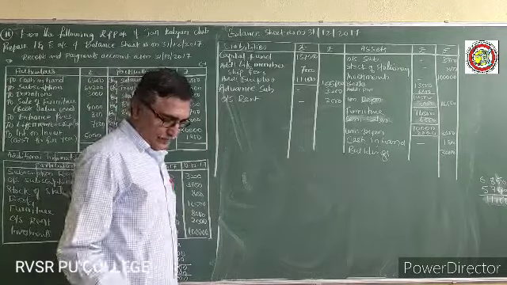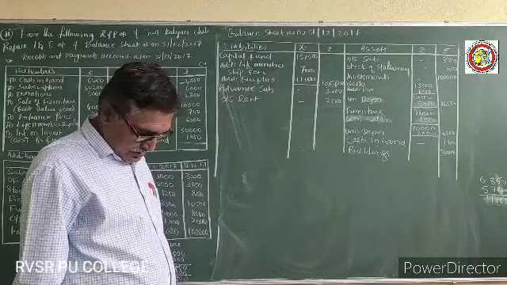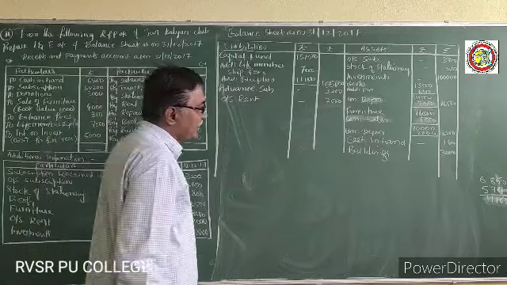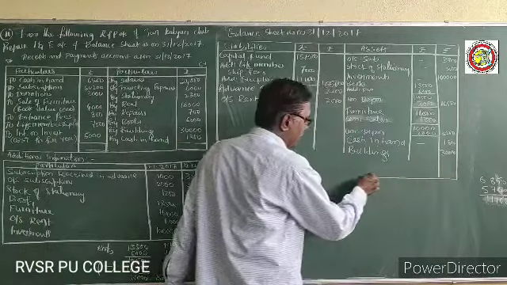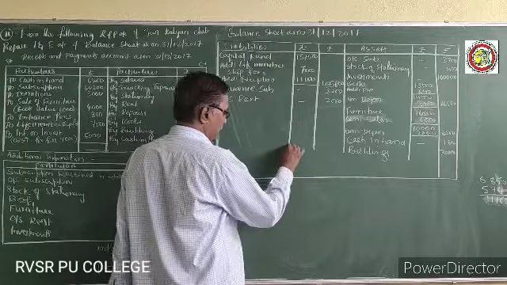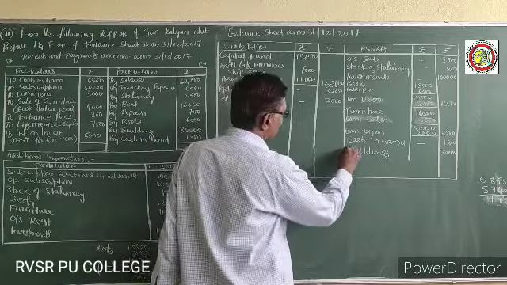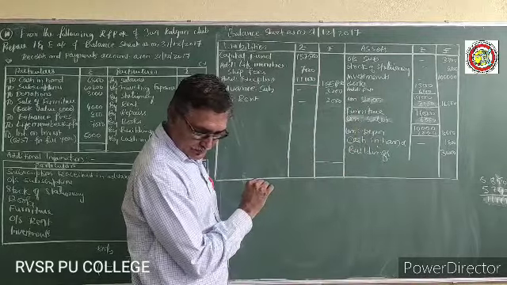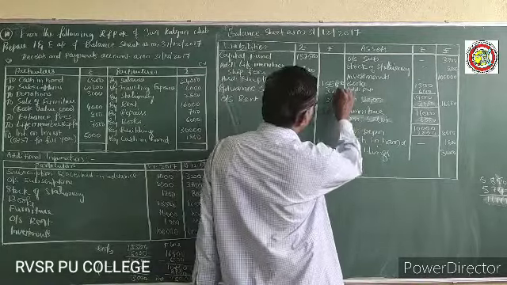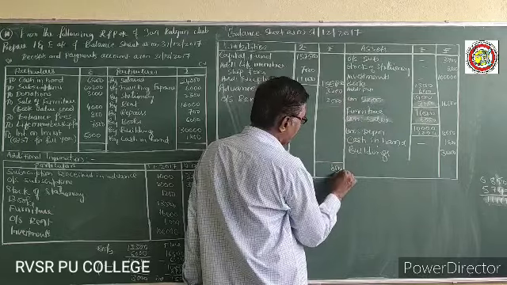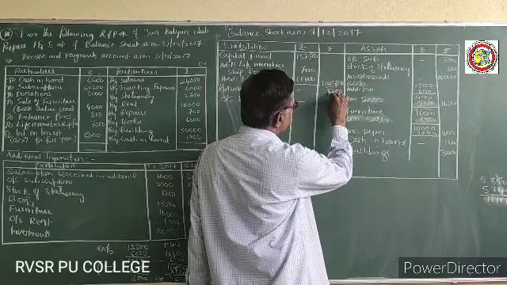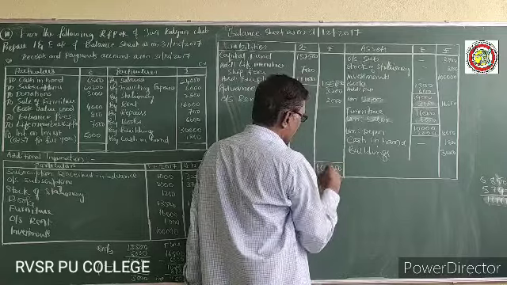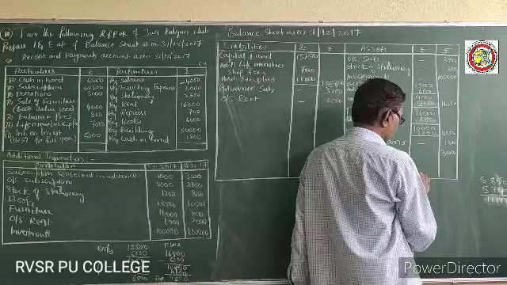Now total: 600 plus 200, 800. 5 plus 3, 8 plus 0, carry 1, 6. 1,60,800.